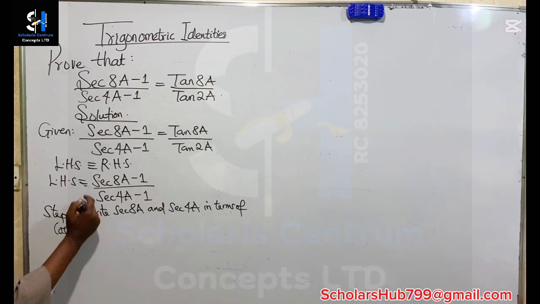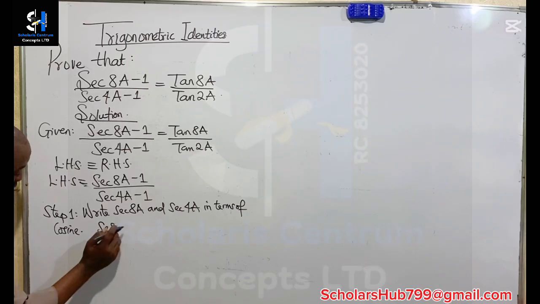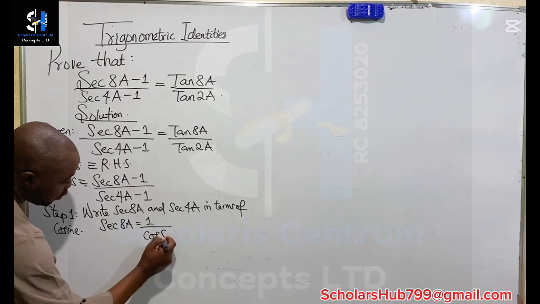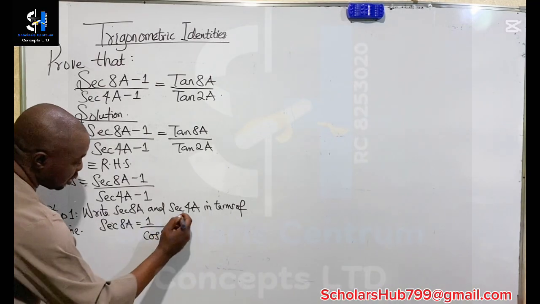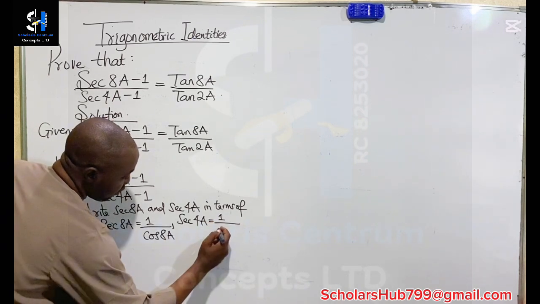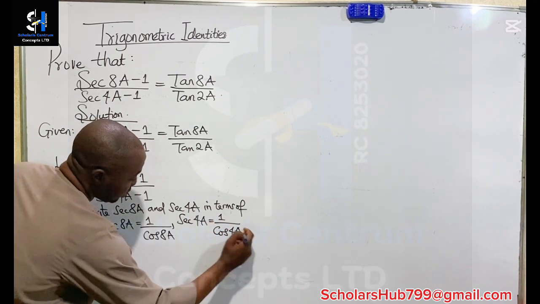So we know that sec 8a will be the reciprocal of cos 8a. Now sec 4a is equal to the reciprocal of cos 4a.